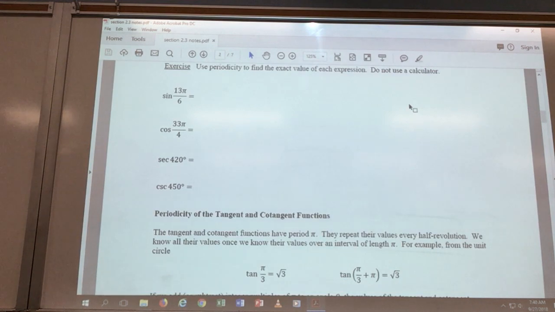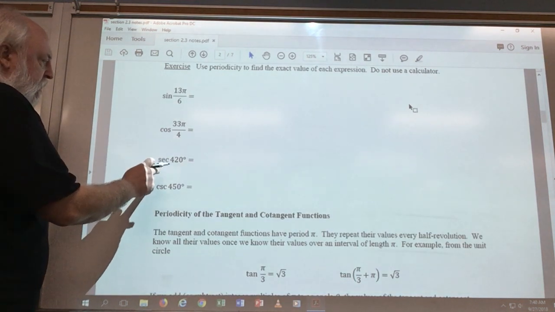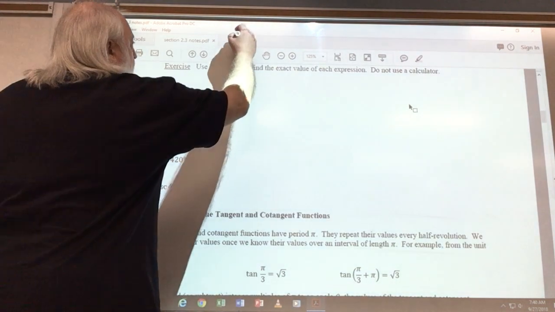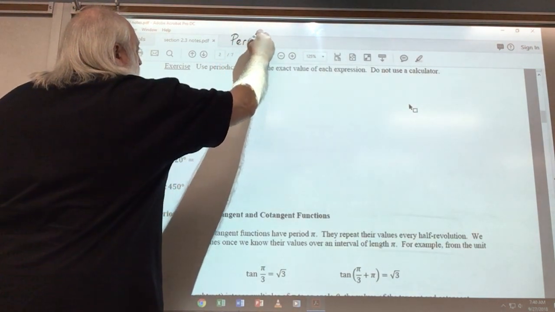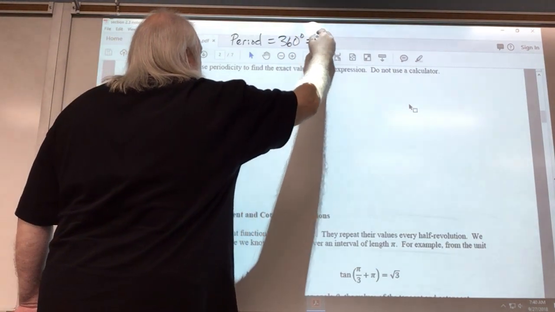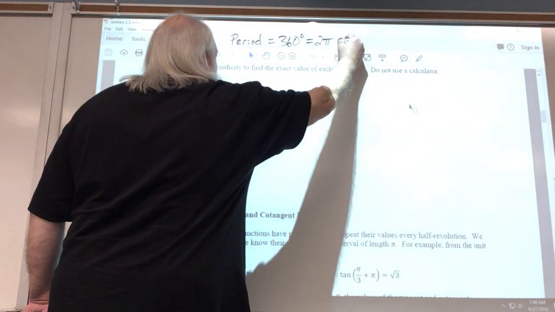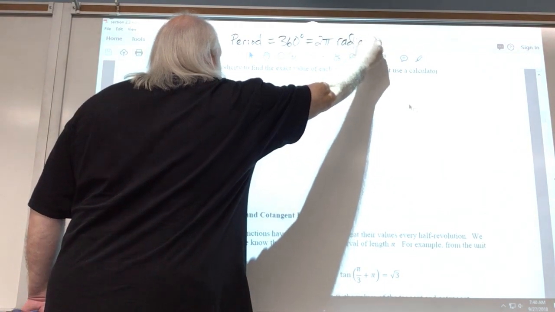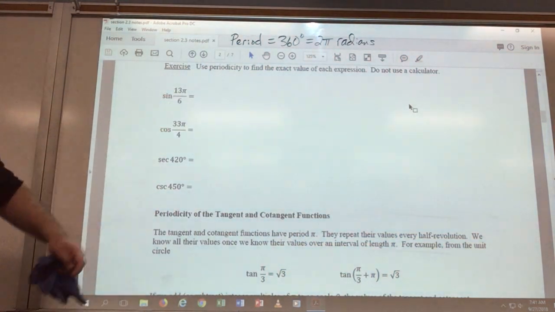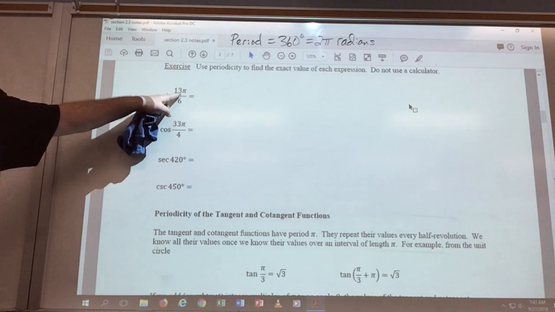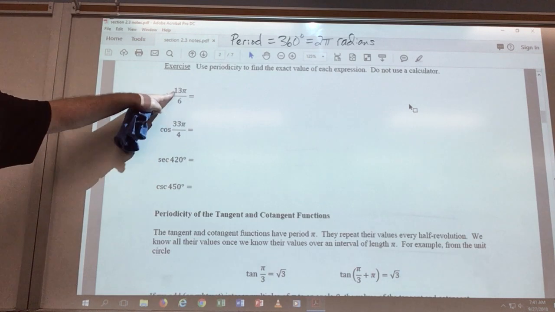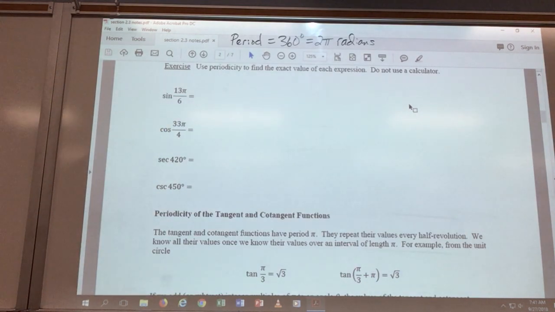So again, sine, cosine, secant, and cosecant functions all have a period of 360 degrees, which is equal to 2 pi radians. In the first example, we have the sine of 13 pi over 6 radians. That's more than one revolution.